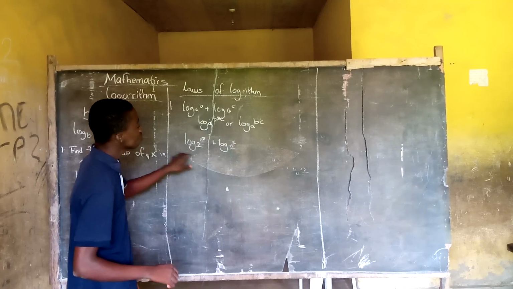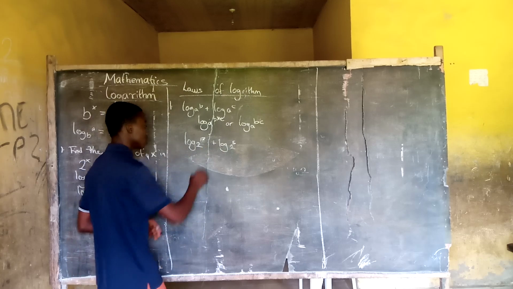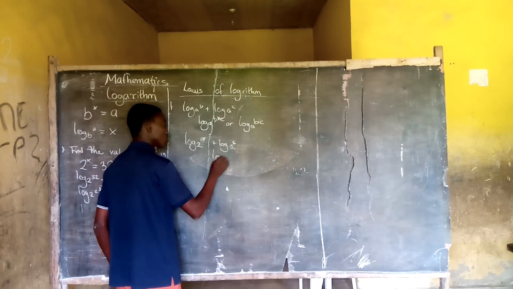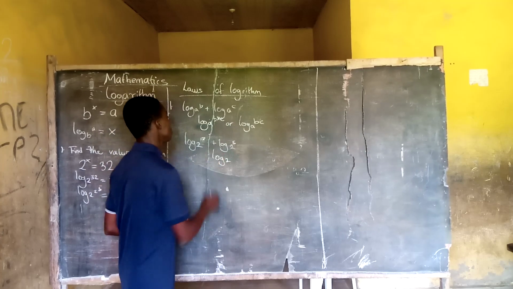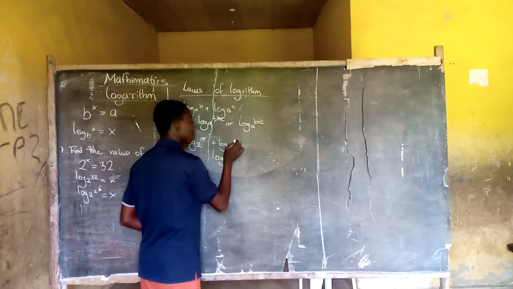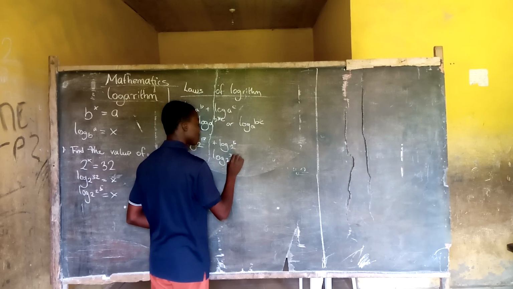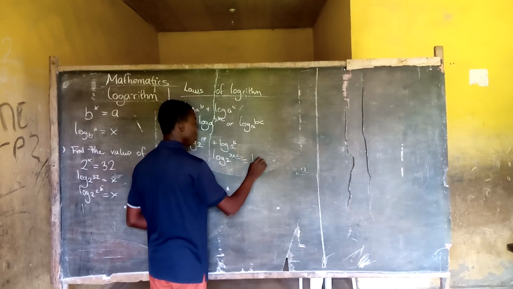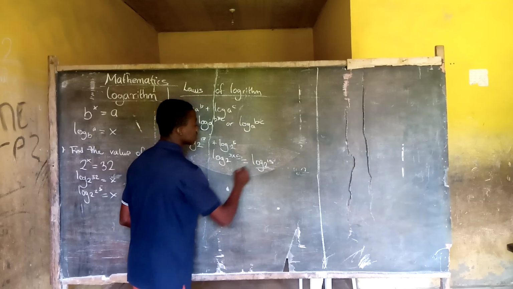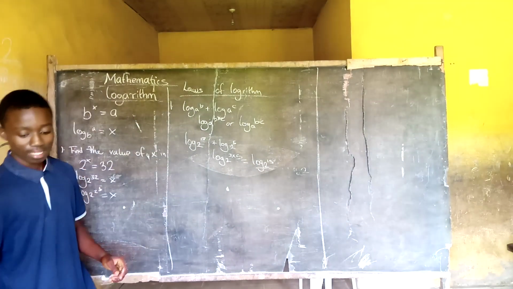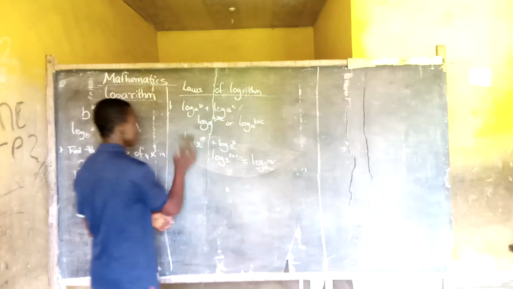Now what you do, take one of the log bases, which is log to base 2. Now we multiply the powers because here is addition. So 3 multiplied by 5 is 15. So this equals log to base 2 to power 15. And this gives the answer. That's how the addition law states.